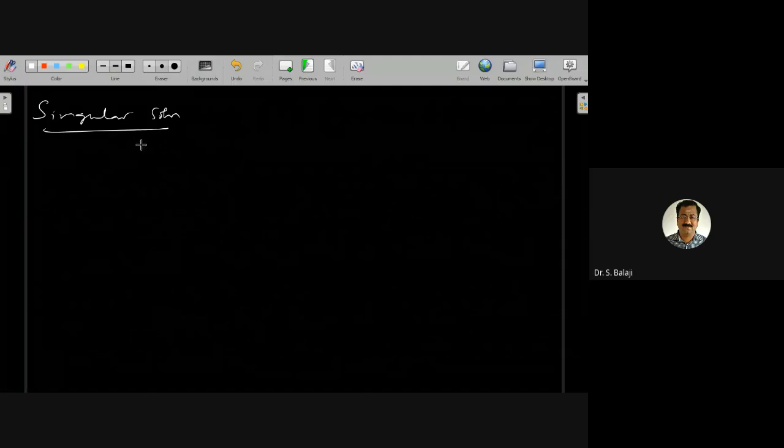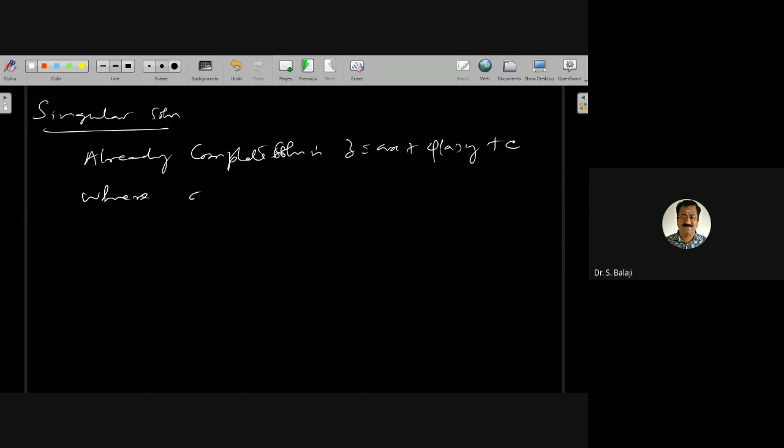For the singular solution, the complete solution is z equal to ax plus phi of a y plus c, where a and c are arbitrary constants.